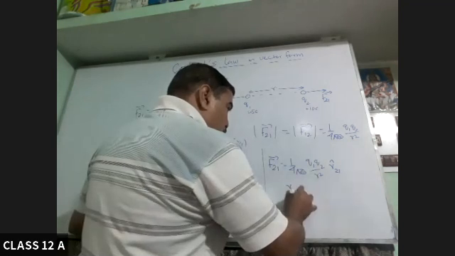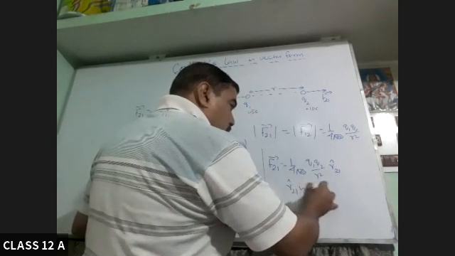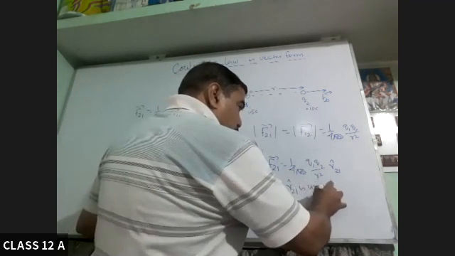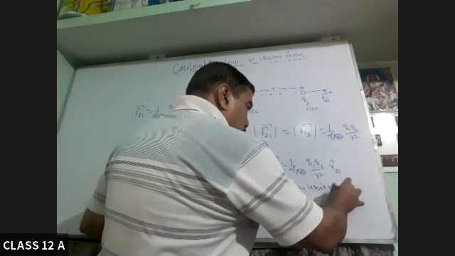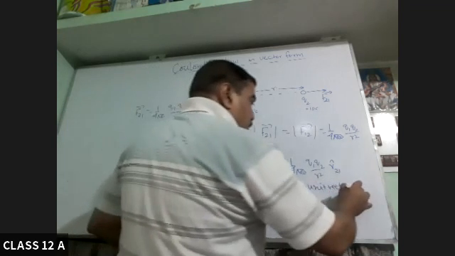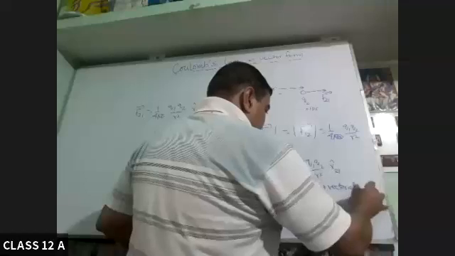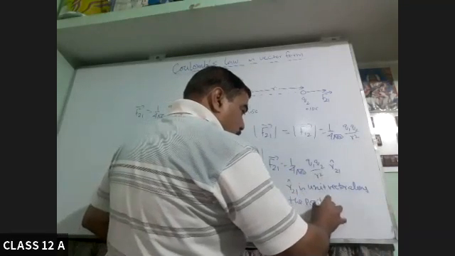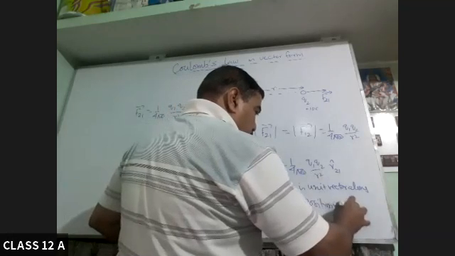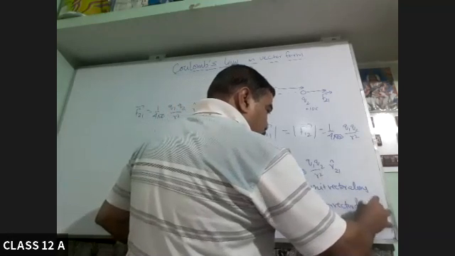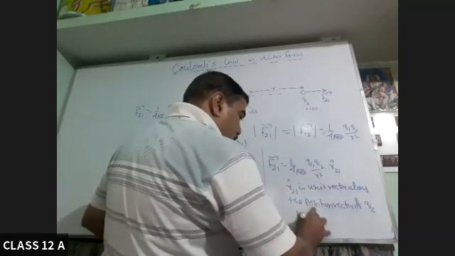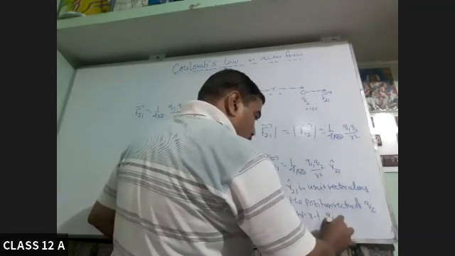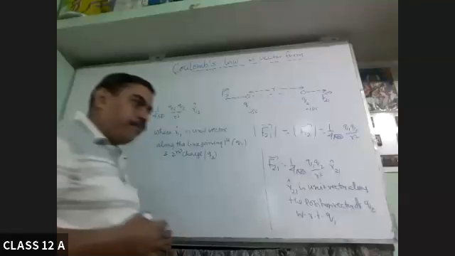This R21 is the unit vector along the position vector of Q2 with respect to Q1. That is the concept there.